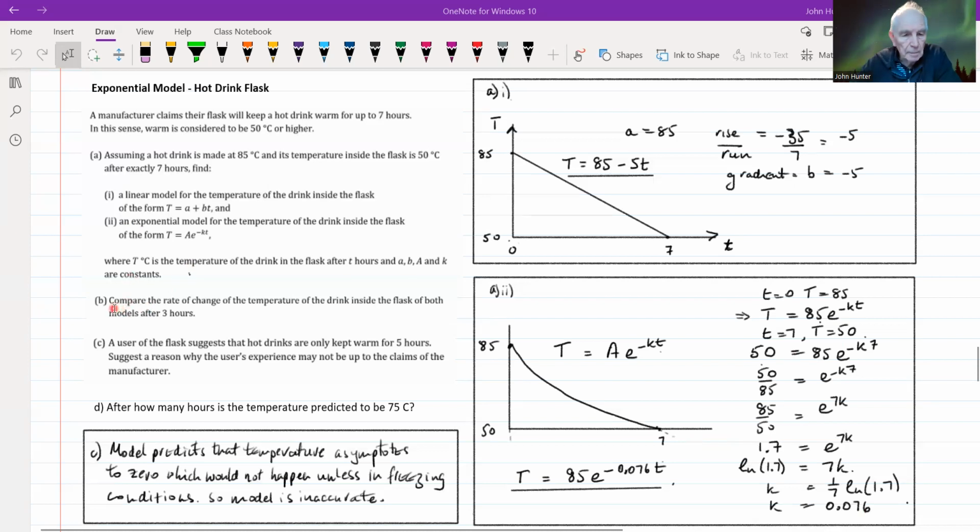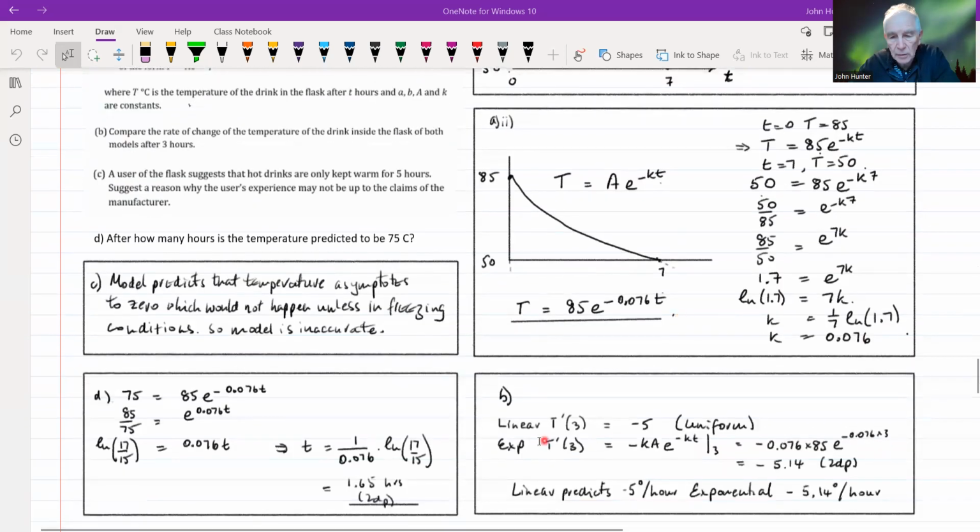And then it goes on and says, part B, compare the rate of change of the temperature of the drink inside the flask of both models after 3 hours. In order to do this, we need the gradient at time equals 3. For the linear model, it's the same all the way through, so it's just -5. For the exponential model, we would have to differentiate this function, which is our relationship, and get something like this.